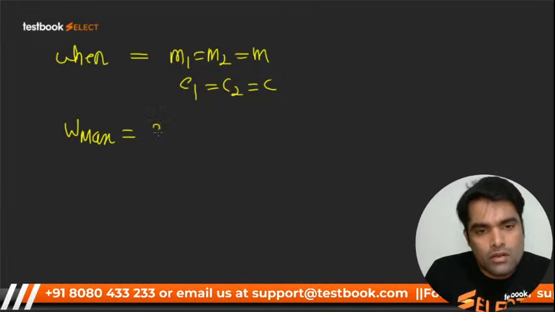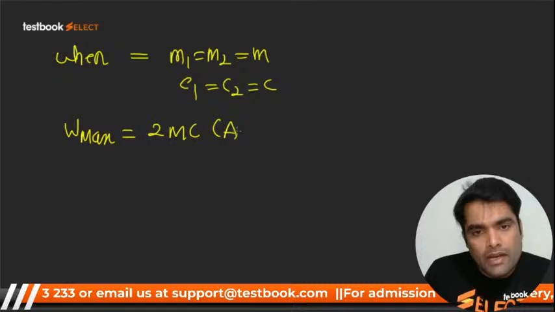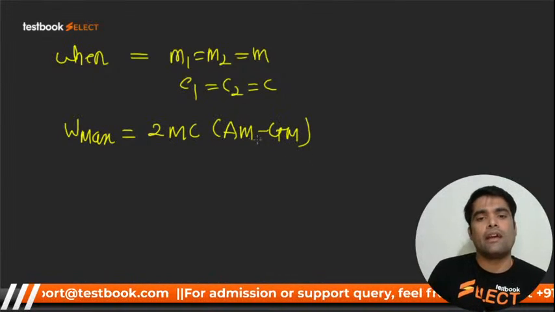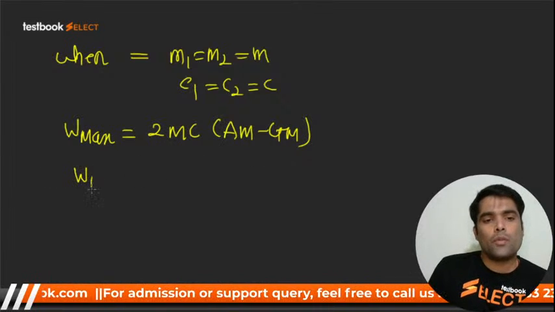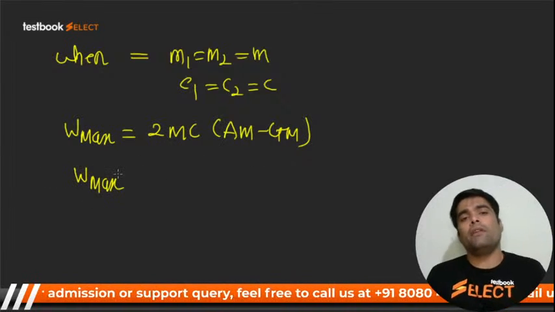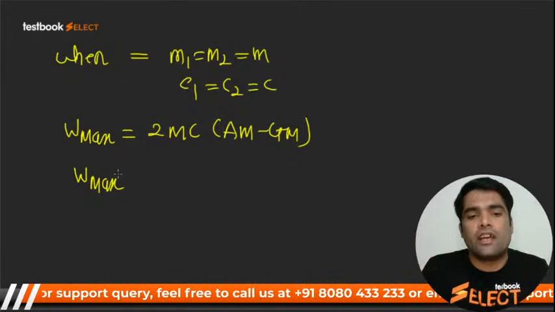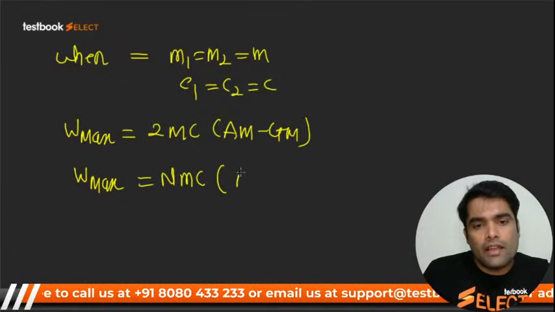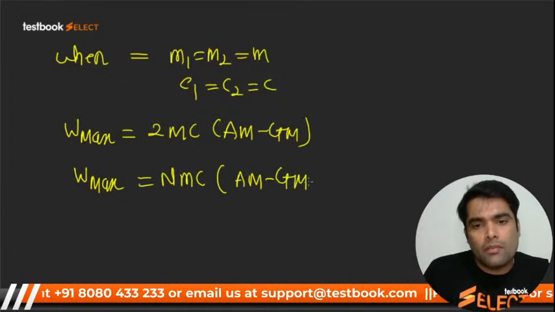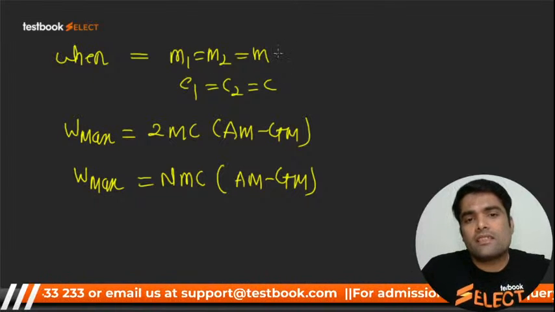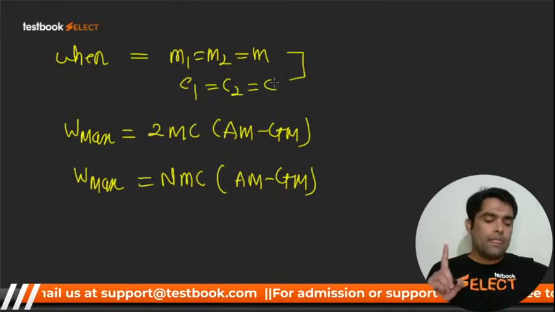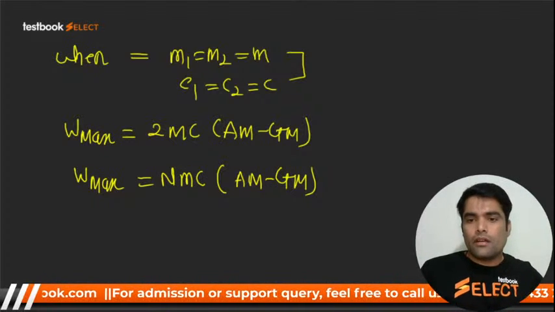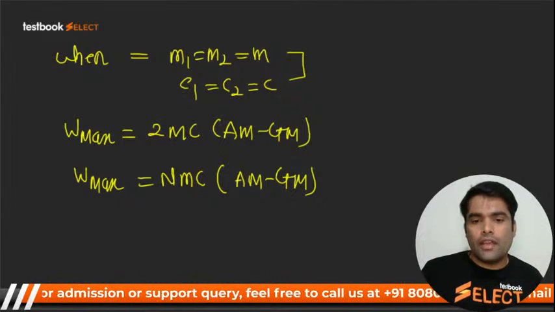It is twice MC multiplied by arithmetic mean minus geometric mean. Suppose I have n number of bodies which are allowed to exchange energy. So it should be nMC, my dear, arithmetic mean minus geometric mean. It is when these conditions are given. Remember, don't forget about these conditions. I hope you got it. Here we go for next.